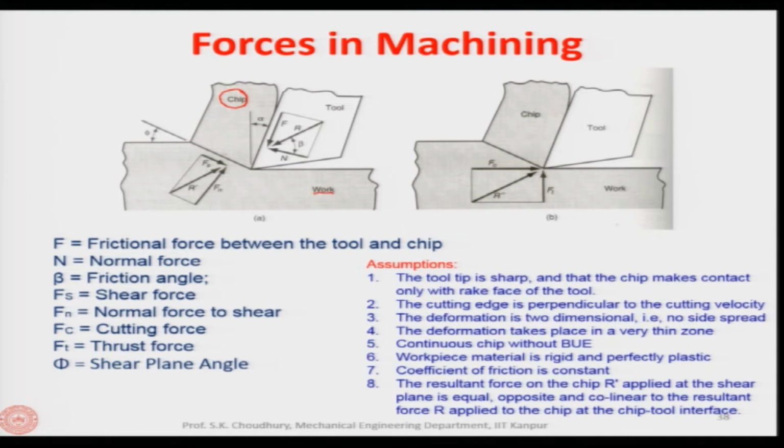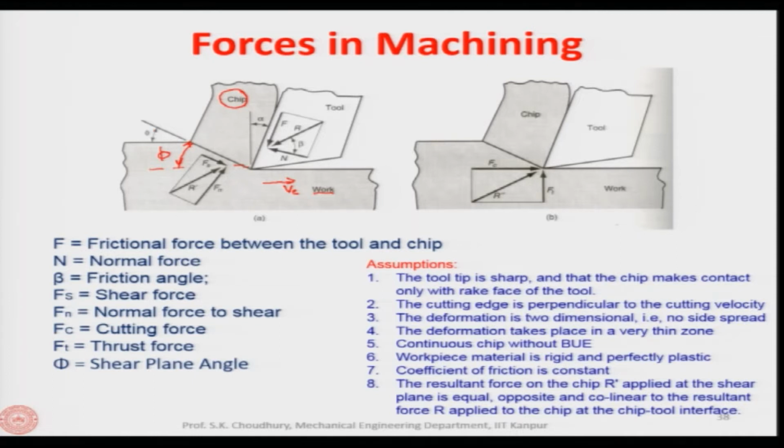This is the shear plane, the plane along which the maximum plastic deformation occurs. This is the angle between the shear plane and the velocity vector V c. If I draw this line parallel to V c, this is the angle phi, which is shown here.